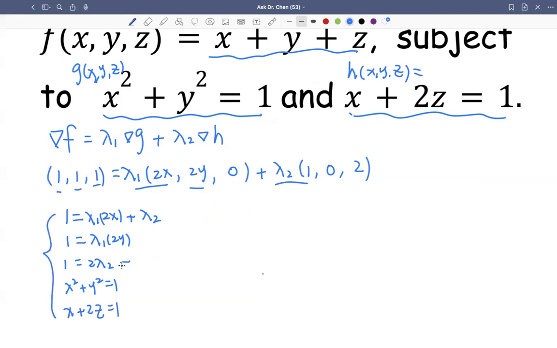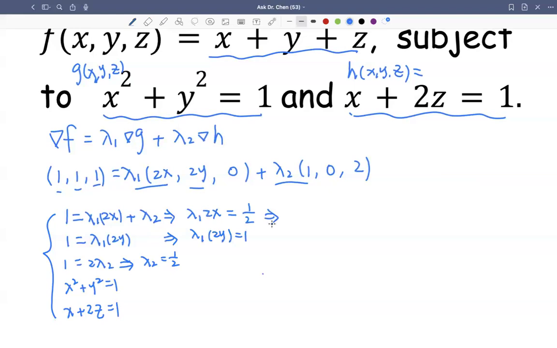Well, let's work with the third equation. The third equation tells us number 2 equals a half. Then we plug into the first equation, and we get number 1 times 2x equals a half, because number 2 is a half and 1 minus a half is a half. From the second equation we get number 1 times 2y equals 1.